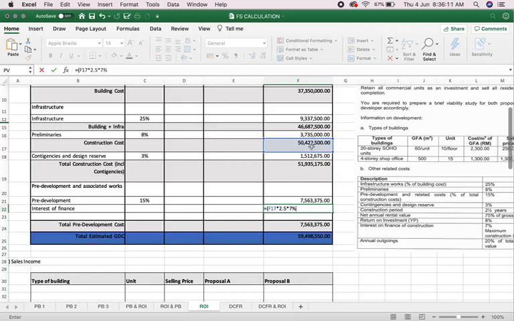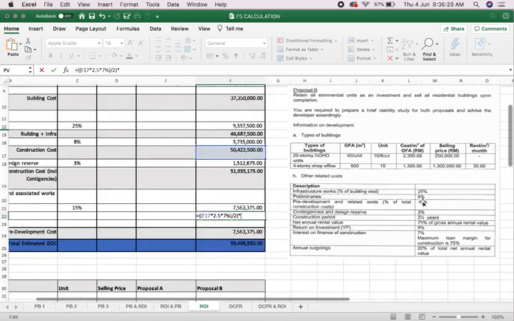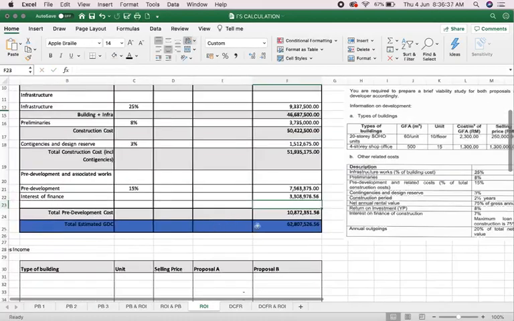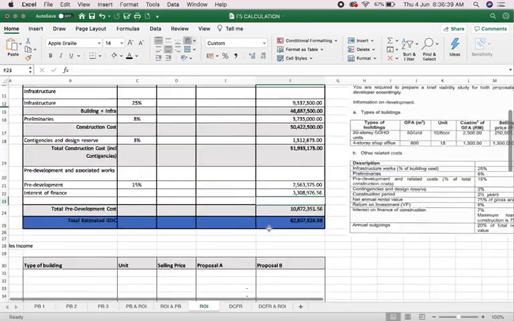Alright, in brackets divide by 2, because as I mentioned earlier, we pay half a year of interest in the first year and the other half in the last year, then we multiply by the margin, which is 75%. Then you will get the data 3.3 million. So you will get the GDC is 62 million.